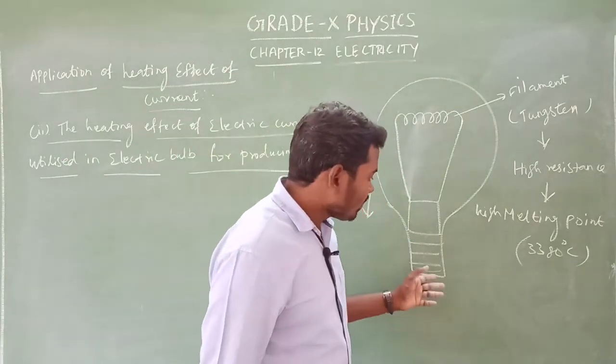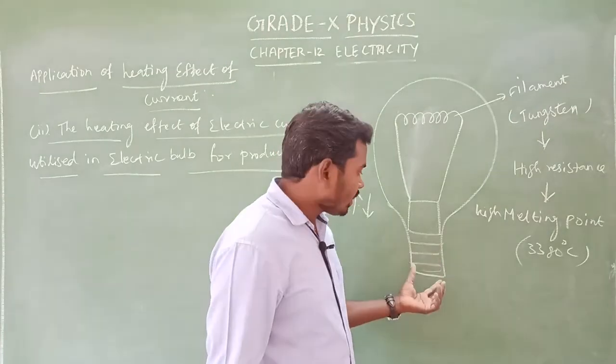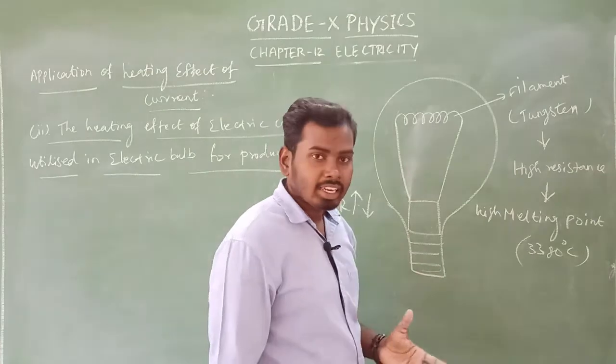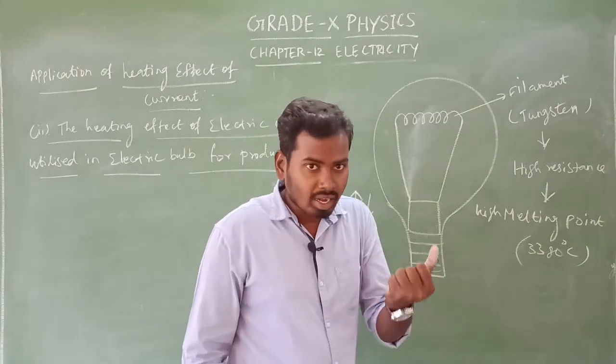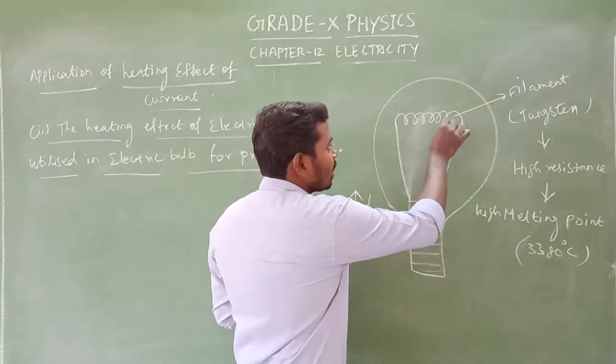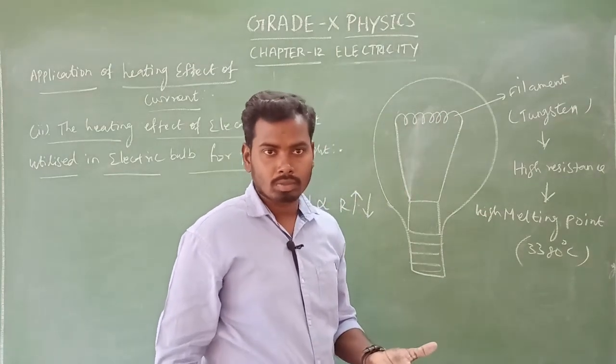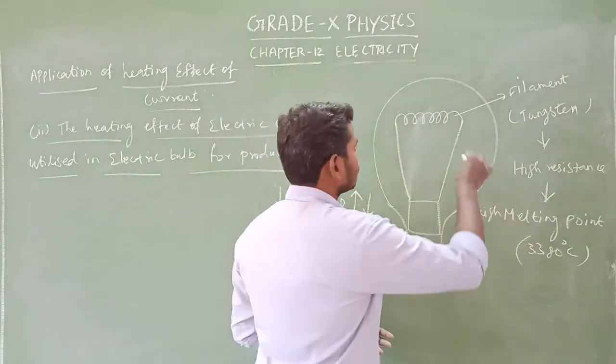Look here. When we allow the electric current to pass through this electric bulb, what will happen? This electric bulb consumes the electrical energy, and then this tungsten filament becomes white hot.